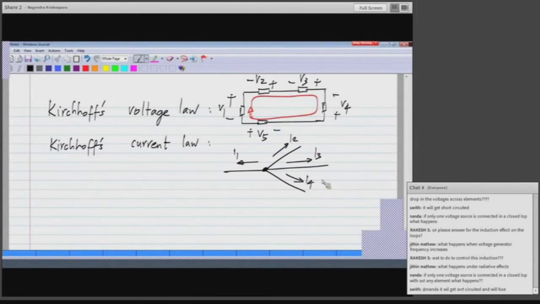Now, there is one very interesting question, which is: what are the circuits that do not obey Kirchhoff's voltage law or current law? Are there common examples?